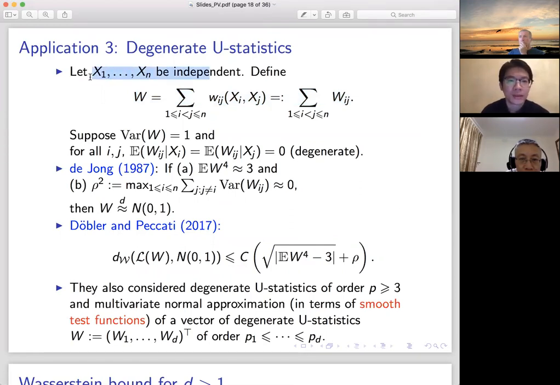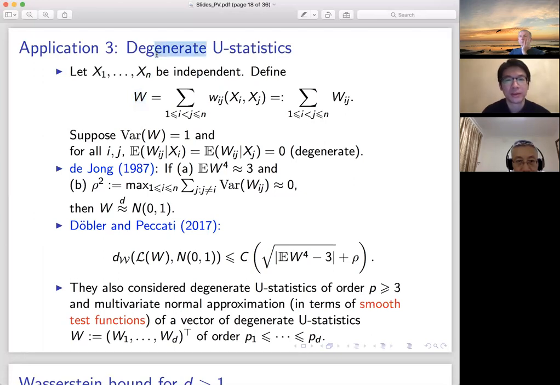We let x1, ..., xn be independent and define W to be the summation over all i less than j of some function small wij of two variables xi and xj. We call the value of this function wij, which is a random variable. And we assume things are standardized, so this summation has variance 1.